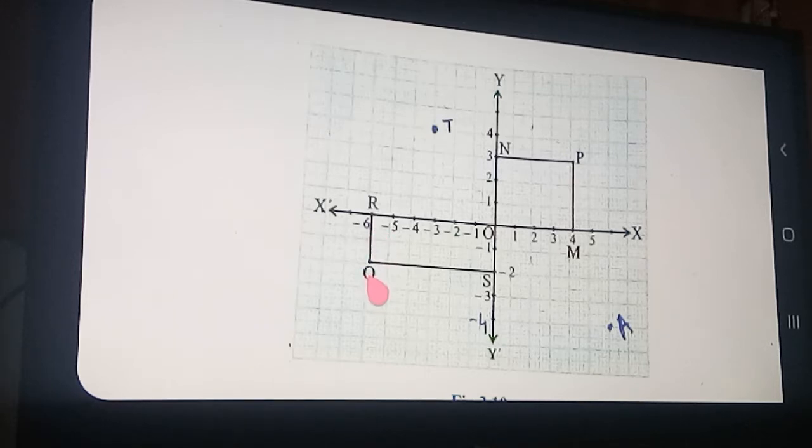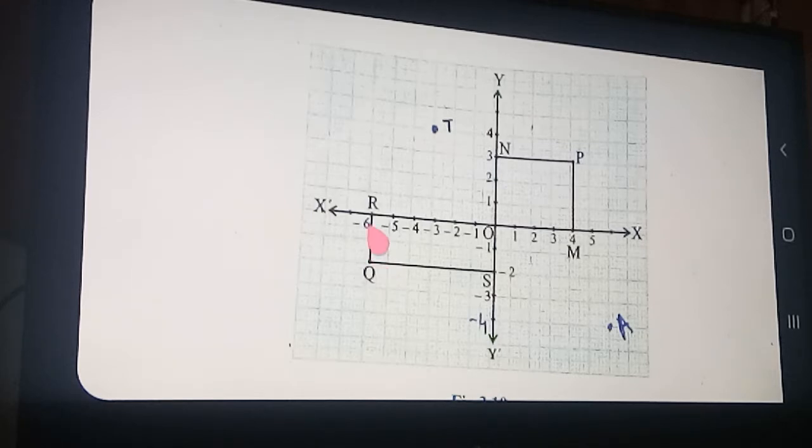Very clearly you know that this point Q lies in which quadrant? Third quadrant. When I am asking a question, try to find the answer before I say it. So listen here. What are the coordinates of Q?